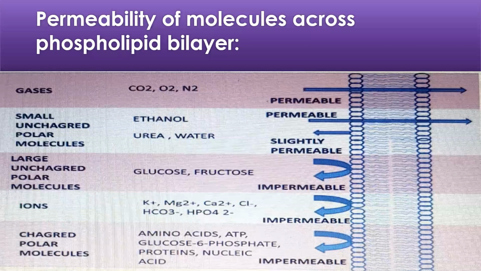The plasma membrane has the ability to maintain a constant internal environment, that is, to maintain a state of homeostasis.